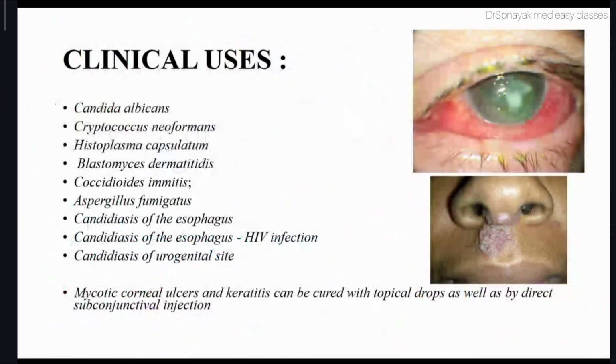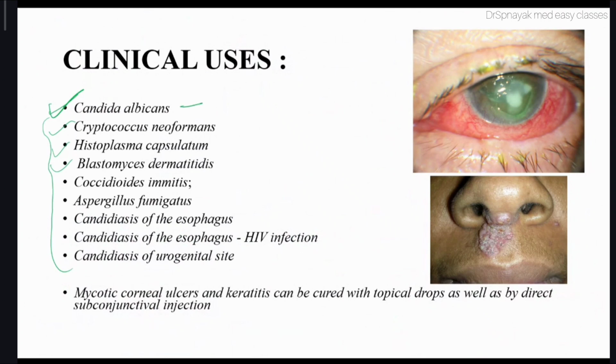Now, these are the examples of the fungal species which are responsible for causing certain infections or conditions in the human body. Whatever pathological condition these species cause, amphotericin B is used against them. First of all, we have Candida albicans.